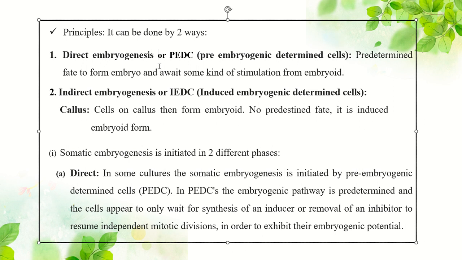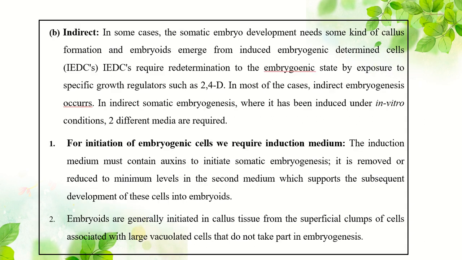So this is direct embryogenesis and indirect embryogenesis. I will give you a more detailed explanation of indirect embryogenesis. In some cases, somatic embryo development needs some kind of callus formation, and embryos emerge from induced embryogenic determined cells.